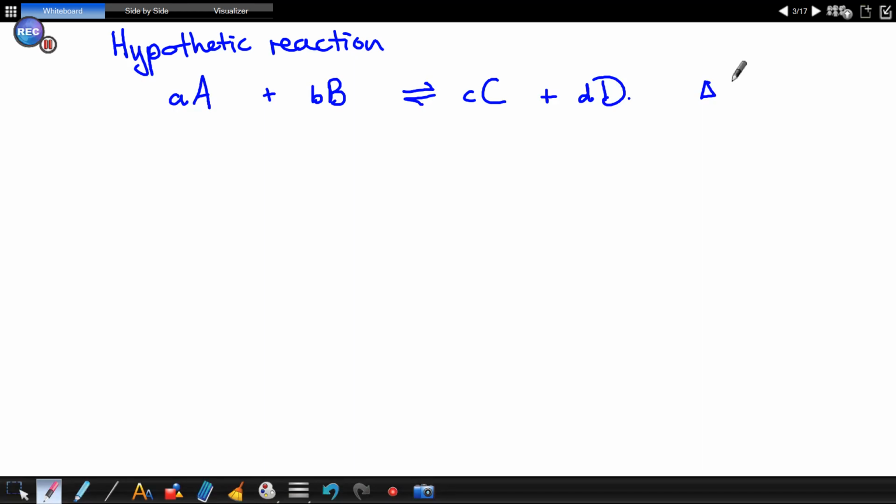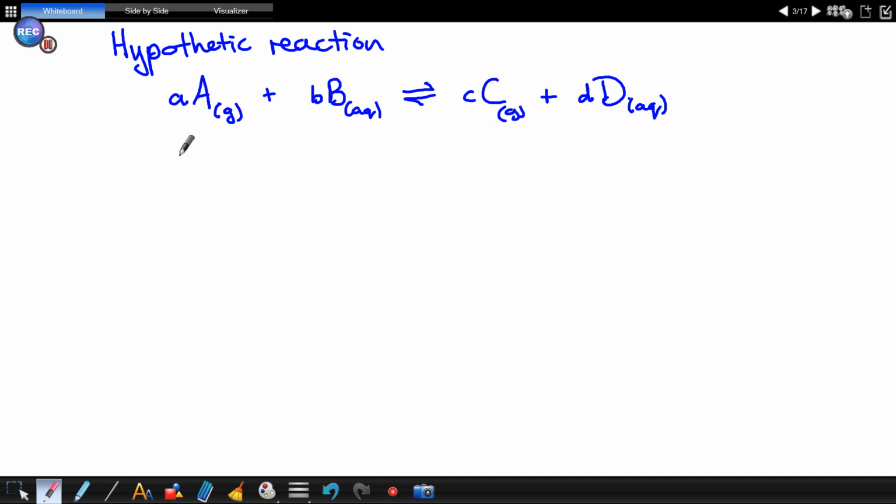The heat of the reaction is not important. And all these reagents are either a gas or a solution. Can solutions go in the case? Yes, because a solution's concentration can change.